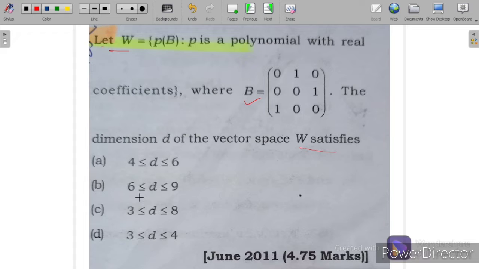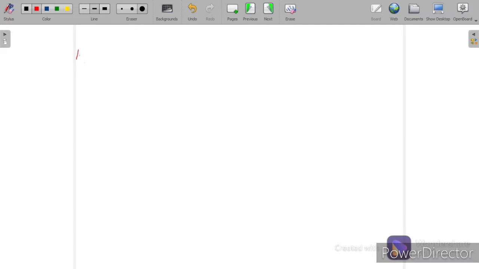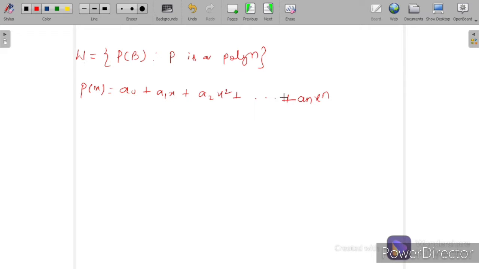So how can we do this? W is given as the set of all those P of B such that P is a polynomial with real coefficients and B is a matrix. Let's say P of X is a polynomial a0 plus a1x plus a2 x square plus and so on, an x to the power n, where all those ai are real.